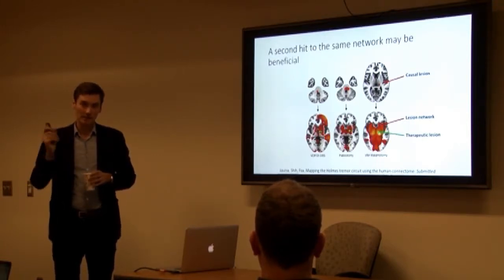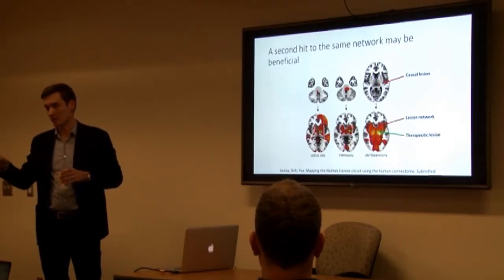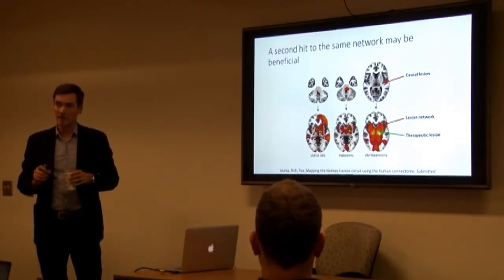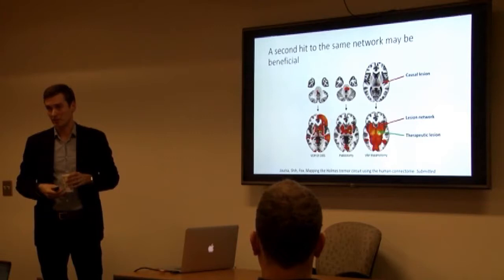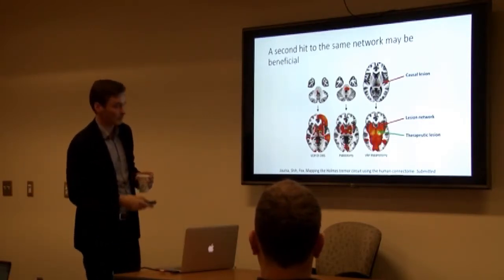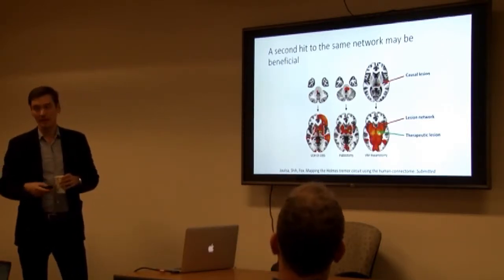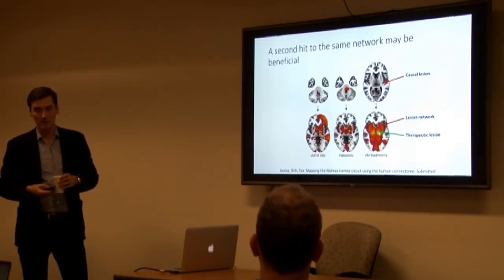So this suggests that the first lesion may set up some sort of abnormal activity oscillating in the system, and when you hit it the second time, that will improve the symptoms. So again, suggesting that the network that we find with this method may have some relevance for therapy.